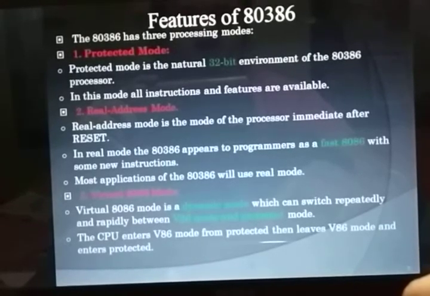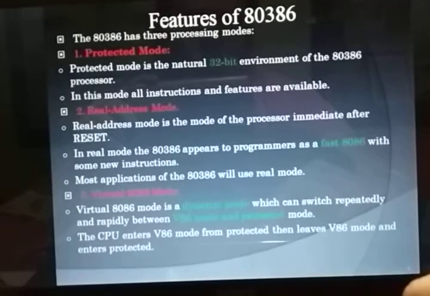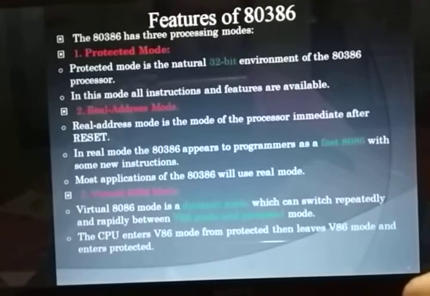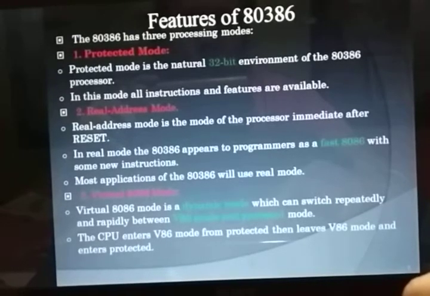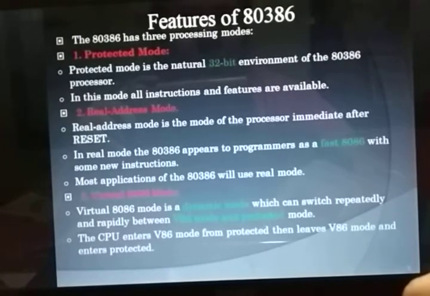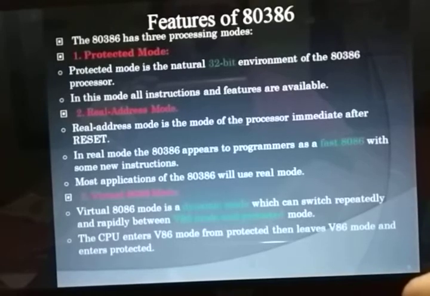That's why we introduce virtual mode. Whenever the processor identifies this type of application, it switches into virtual mode within protected mode, executes the application program, and again comes back into protected mode. So that's why a processor repetitively and rapidly switches between protected mode and virtual mode.